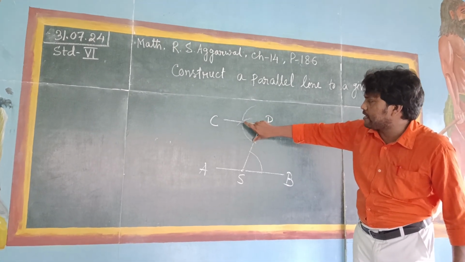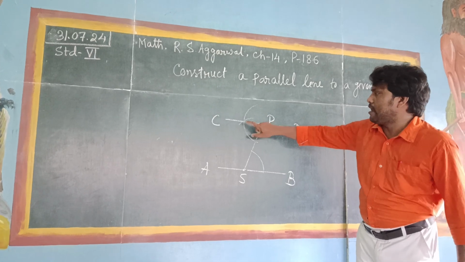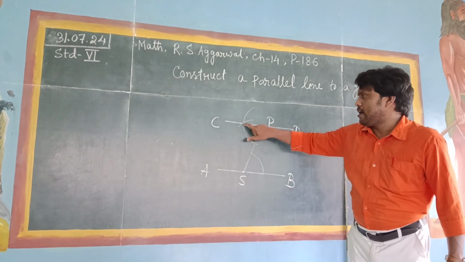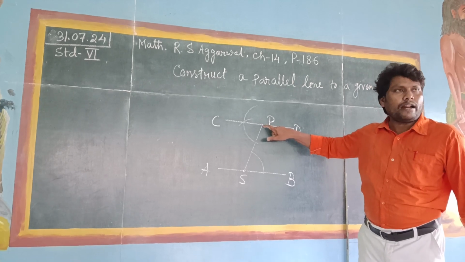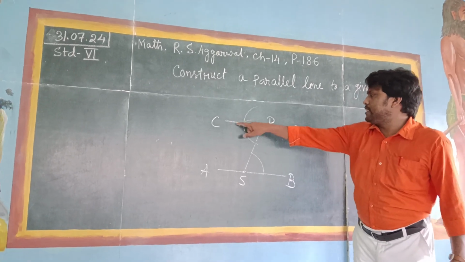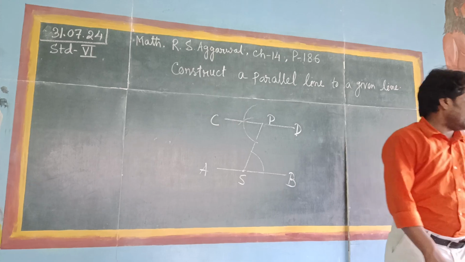Then from this point cut here. Now join the intersection of the two arcs and the outer point. Now CD is the parallel line.